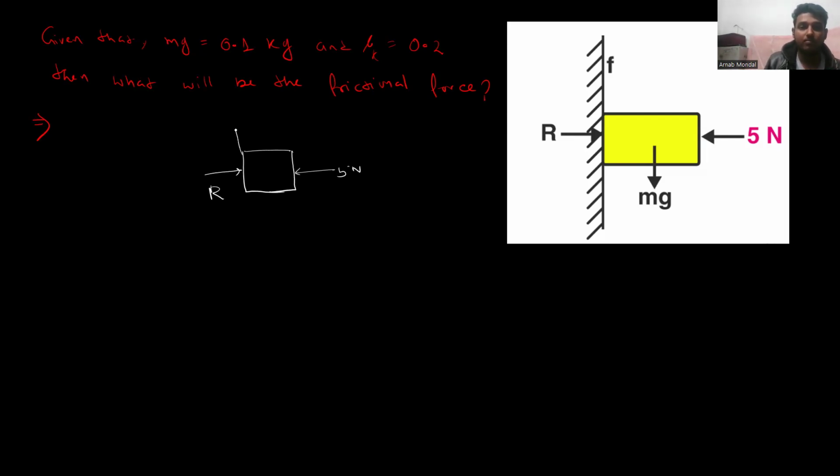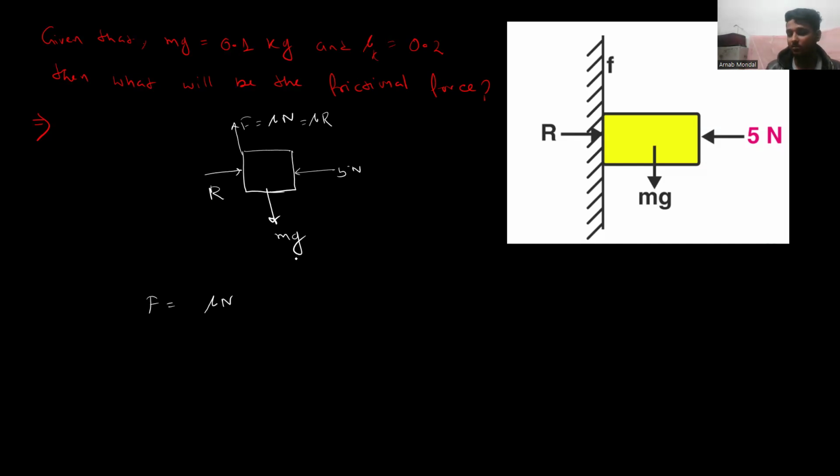Here F is equal to mu into N, which is mu into R. We need to find F. F is equal to mu into N. No need to consider mg here because in the frictional force there is no importance of the vertical force on the block.